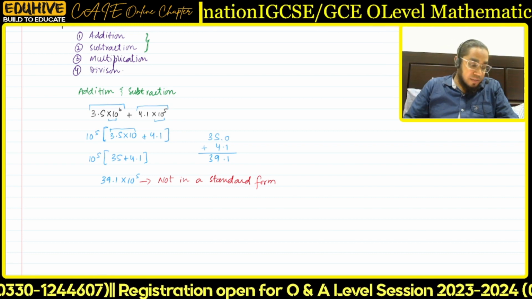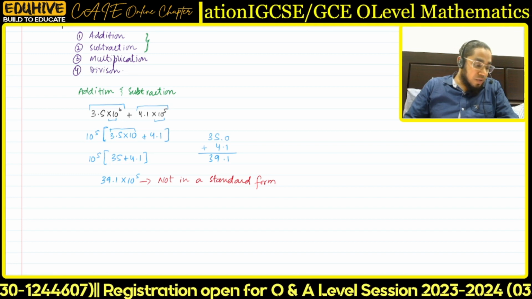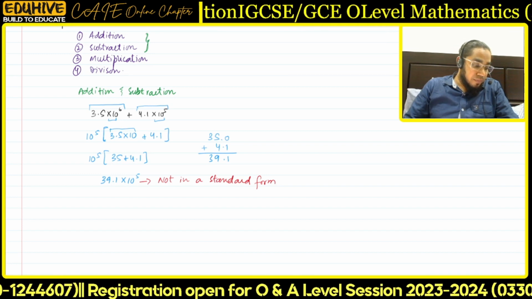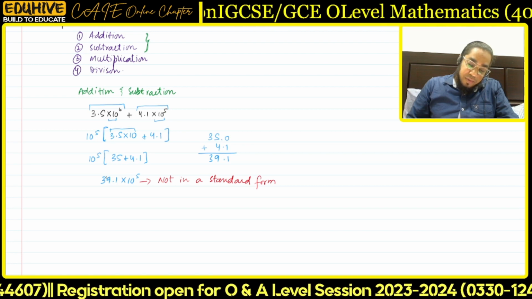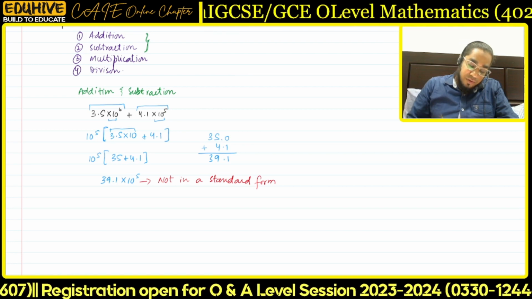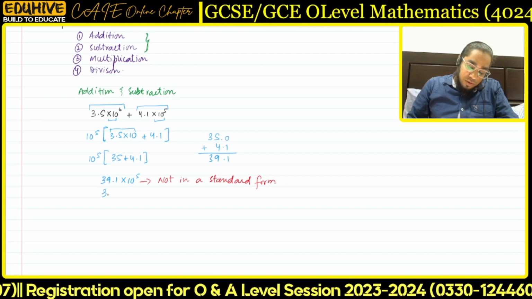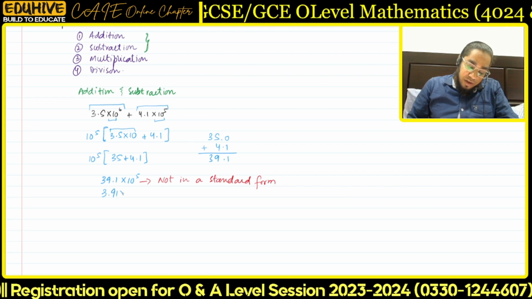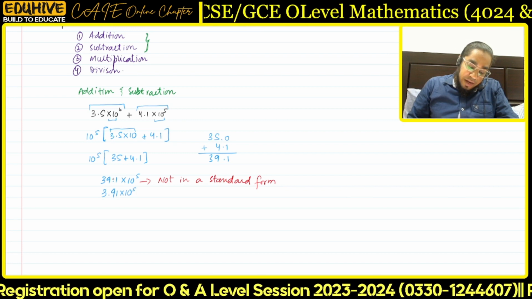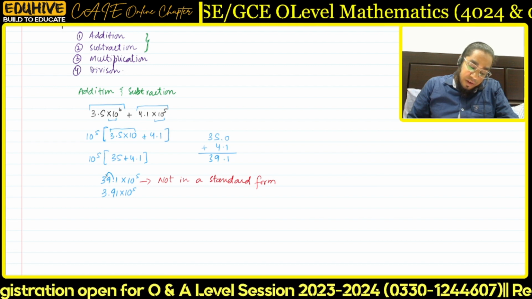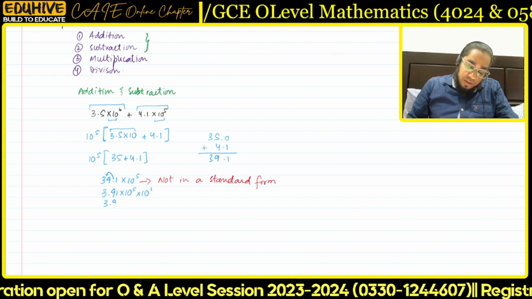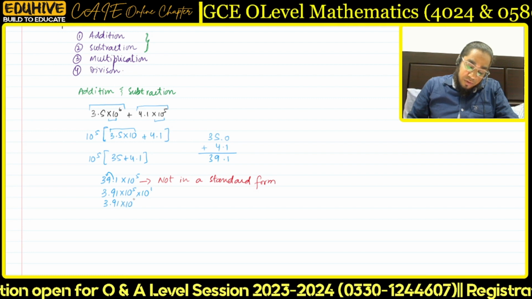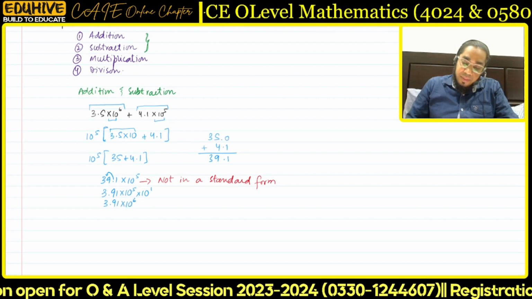Yes, because of the decimal. I have told you that the decimal should be after the first digit, after 3. So it means 3.91 into 10 raised to the power 5, and I put the decimal back one digit, so I'm going to write 10 to the power 1 here. So it means 3.91 into 10 to the power 5 plus 1, which is 6.